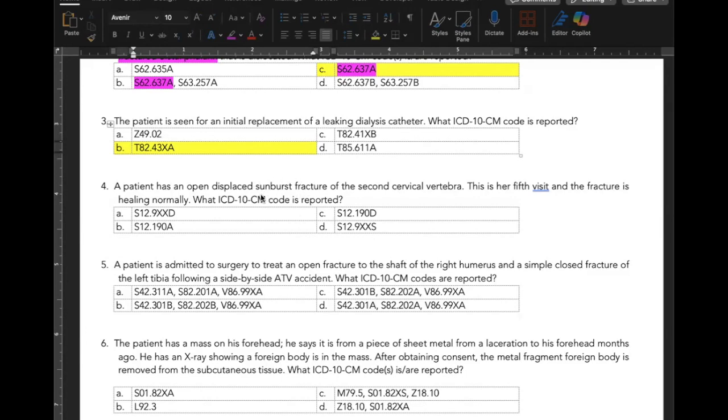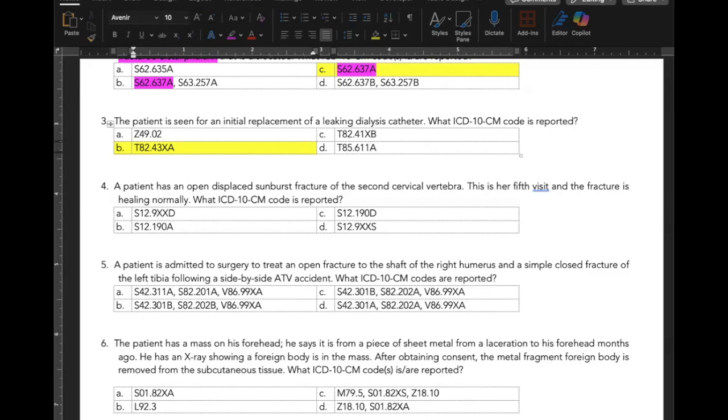So if they're telling us that it's a sunburst fracture, that's a specified type of fracture, right? So that's a specified NEC because there's not an entry for sunburst fracture.